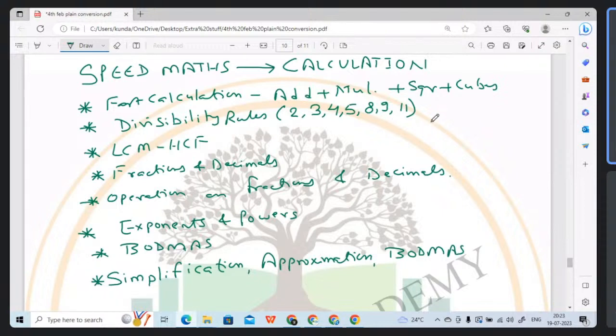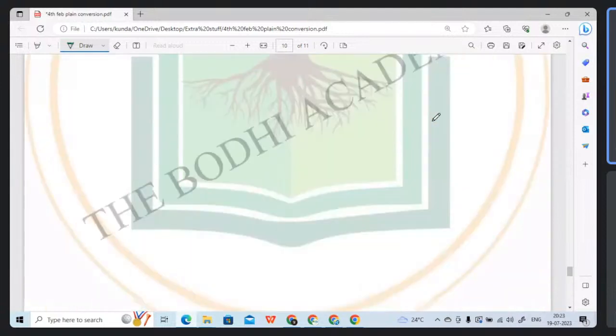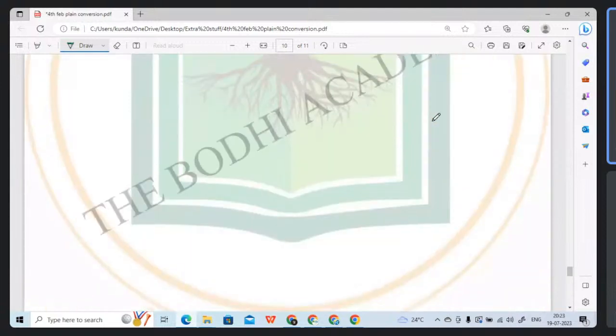Okay. So if you want to improve your calculation in addition, what needs to be done? Wherever we have been given the question, I will first start from 2 digits.